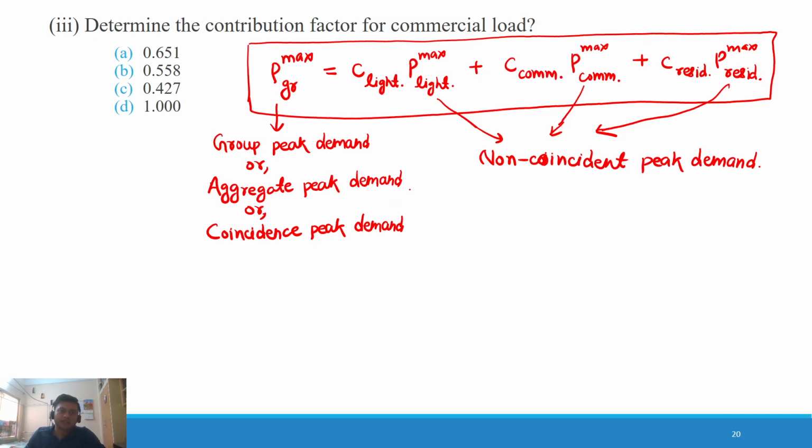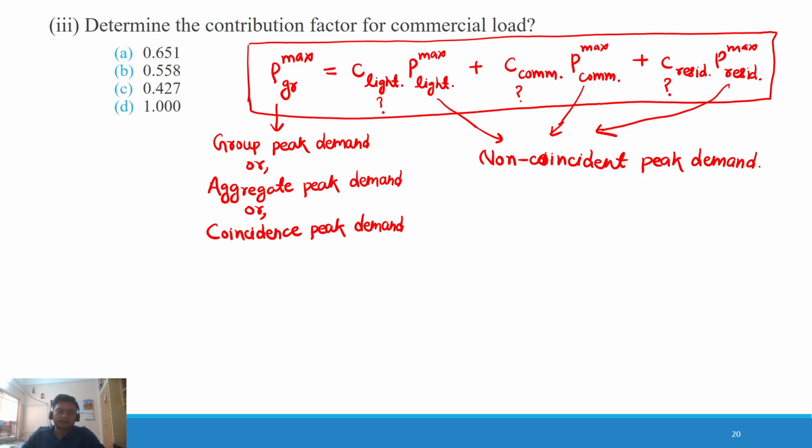So here in this problem, there are three unknown contribution factors: contribution factor of lighting load, contribution factor for commercial load, and contribution factor for residential load. So by using this formula alone we cannot find them because there are three unknowns.